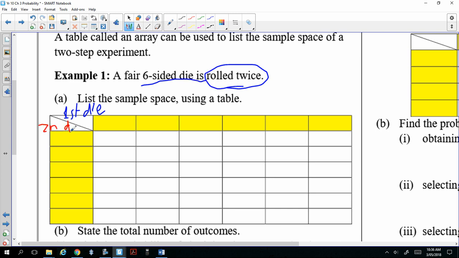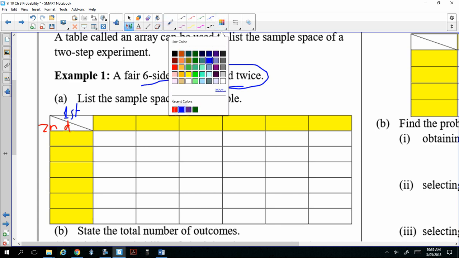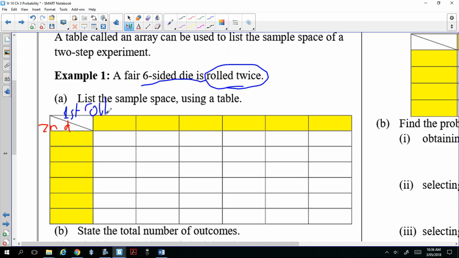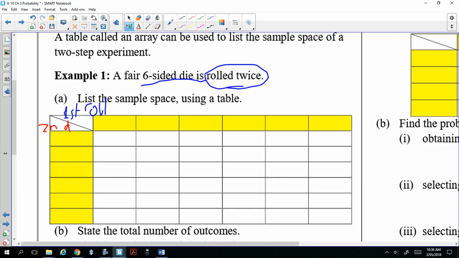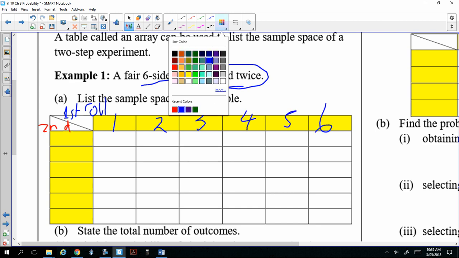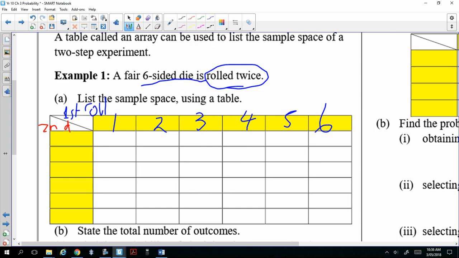First row and second row. So when you roll the first, the outcomes could be 1, 2, 3, 4, 5, 6. But if you roll it again, you will also get the outcomes 1, 2, 3, 4, 5, 6.